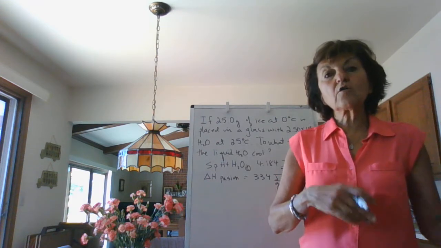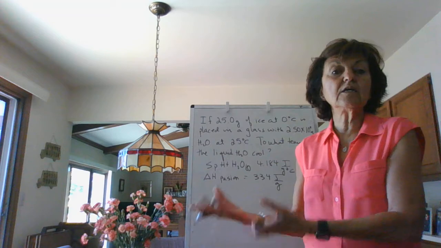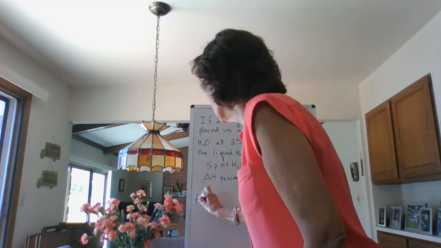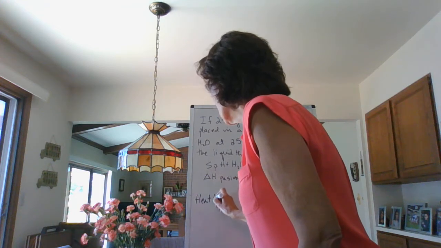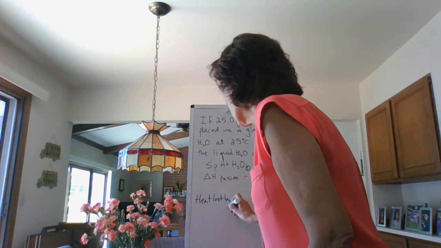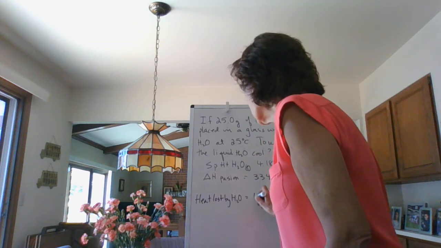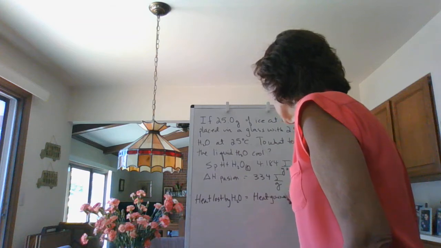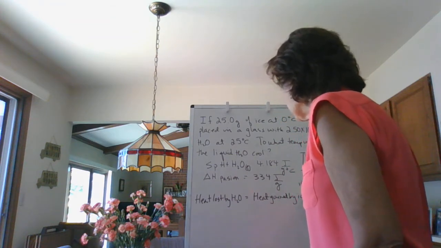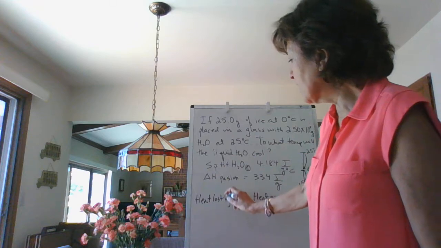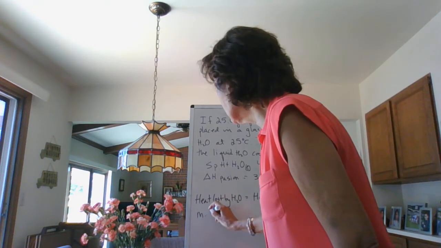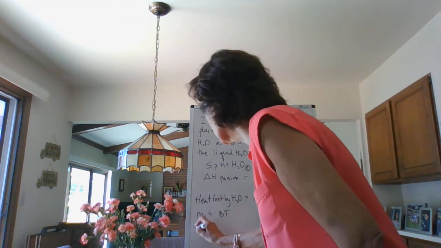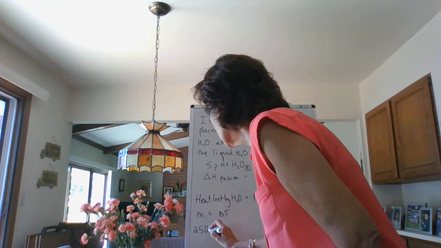So the heat lost by the water is equal to heat gained by the ice, right? Okay, so what is the heat lost by the water? MS delta T. The mass of the water is 250 grams.